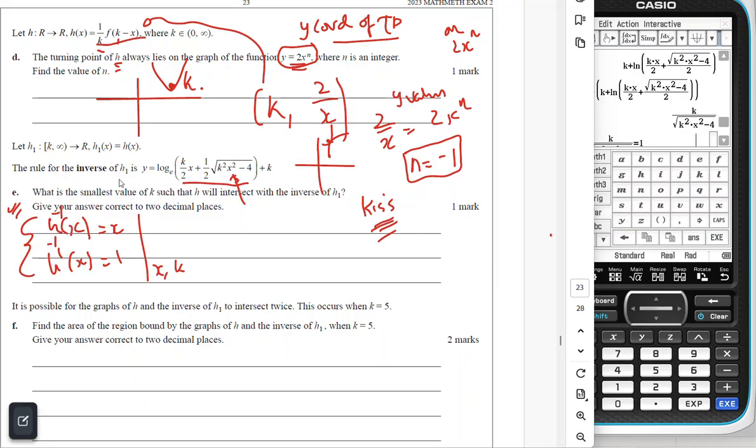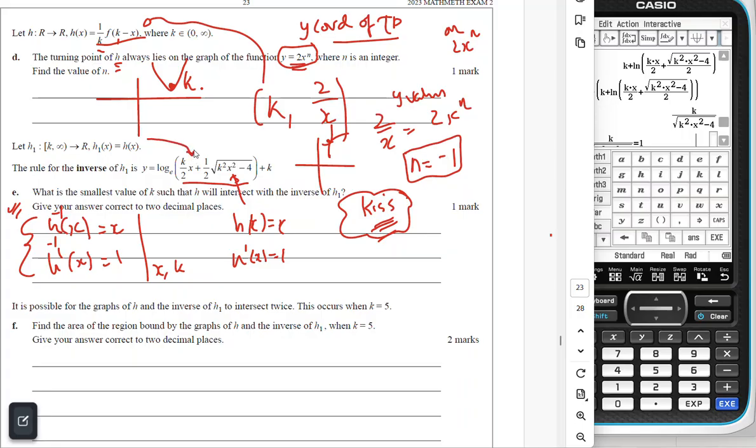Okay. And we're looking for the kissing point. We're looking for when A and H intersect once. And since we have this curve that isn't quadratic, it's got an exponential involved, and the inverse has a logarithm involved, I'm going to do the kissing bit, which either is I take h of x and make it equal to x, and I'll take the derivative of h of x and set it equal to 1 and solve for x or k, or I can use the inverse.